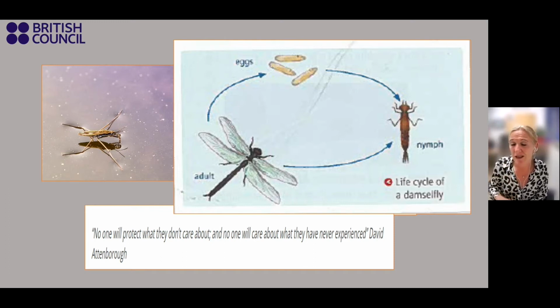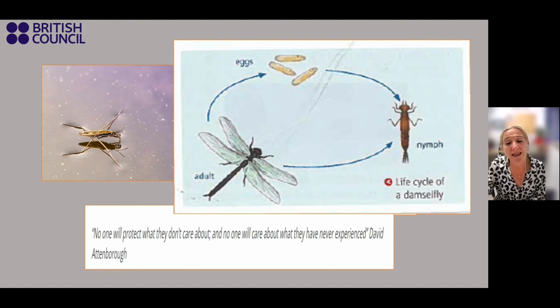We've had a look at the visual here with its eggs, and then we have, okay, how do we pronounce that? So we're thinking about the pronunciation as well of nymph and the spelling, very important. And so here's our life cycle. And then we can go further into the life cycle and we can see if anybody knows anything about damselflies or dragonflies, for example.